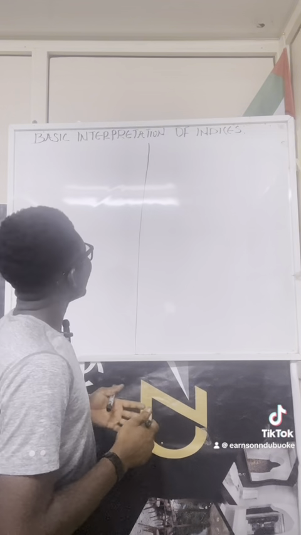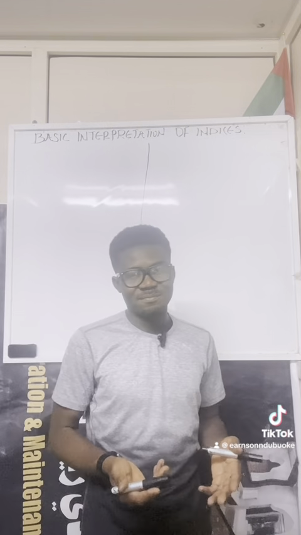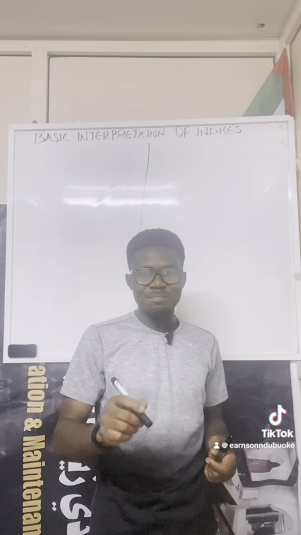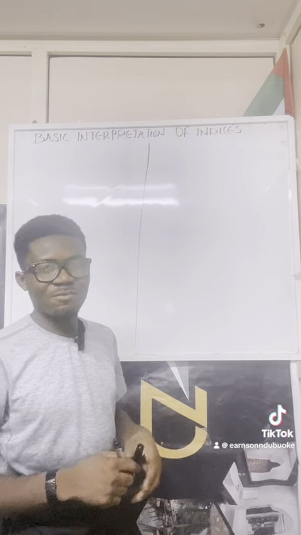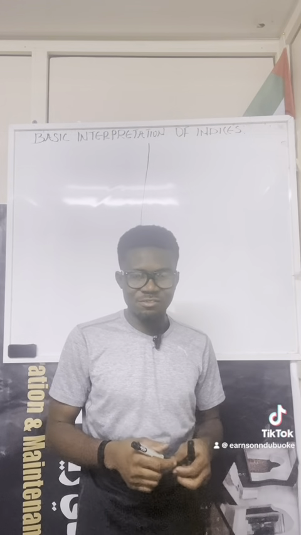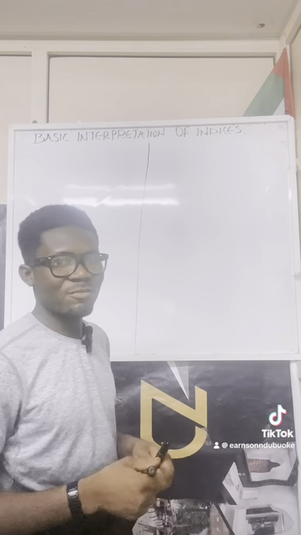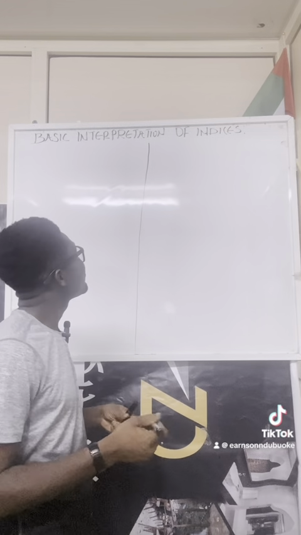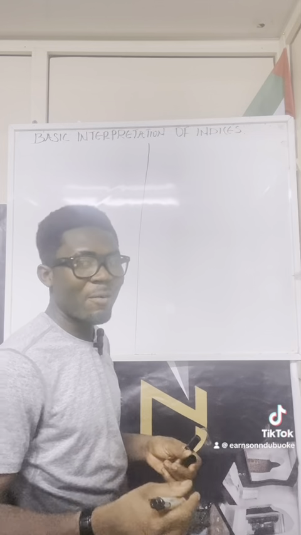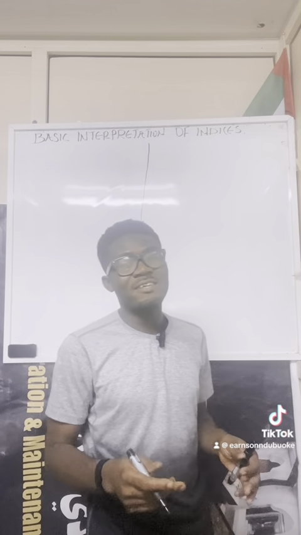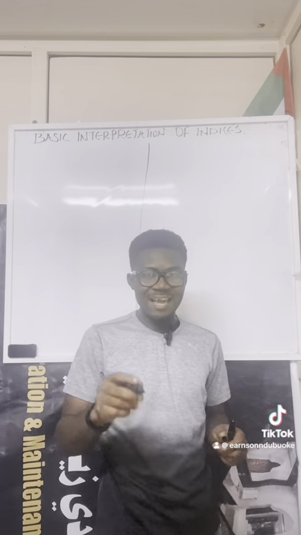So when we talk about indices, we talk about numbers with powers. And these indices have some basic interpretations. Number one, we have numbers with zero power. We say that a number with zero power can be written as 1.